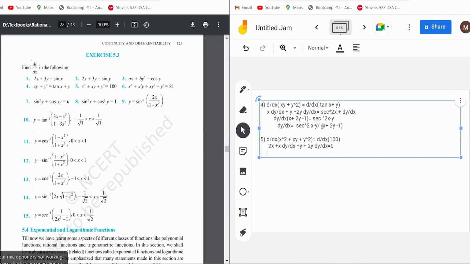So from here what I can see, I can take dy by dx common.